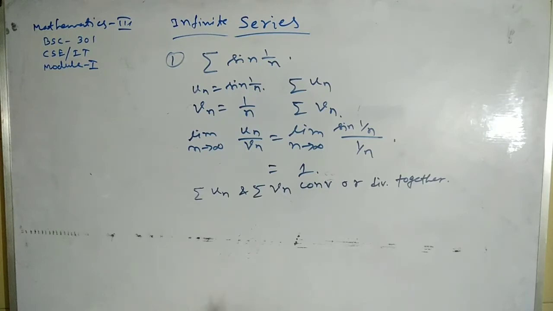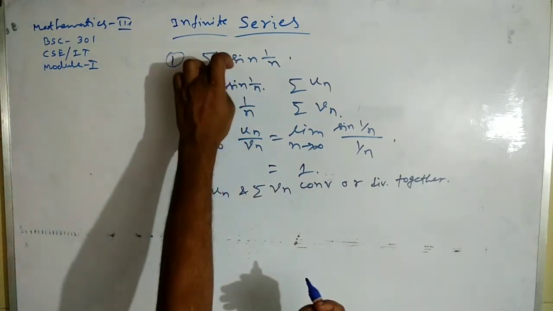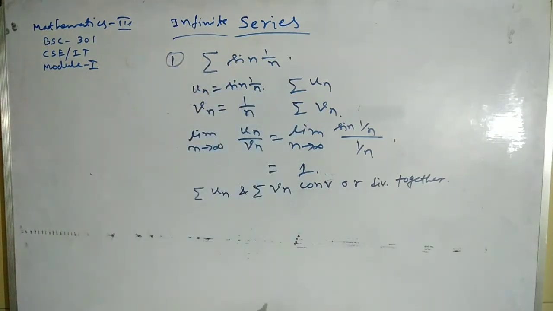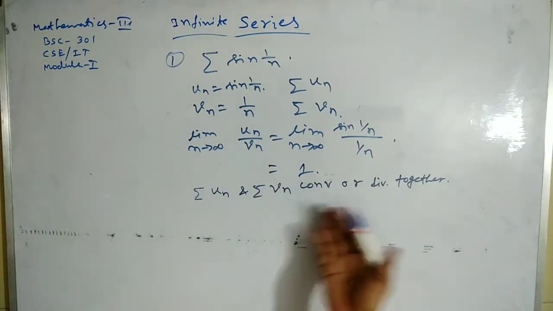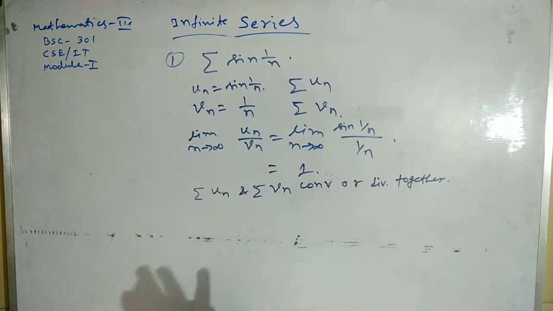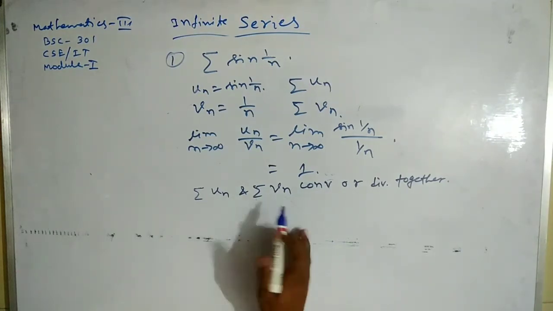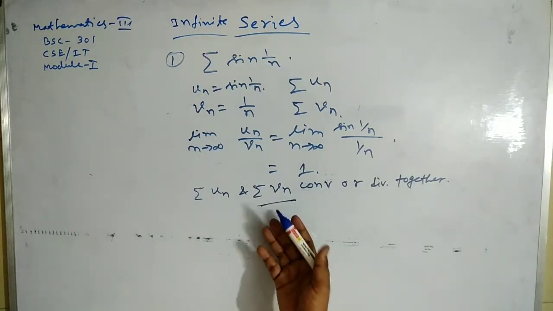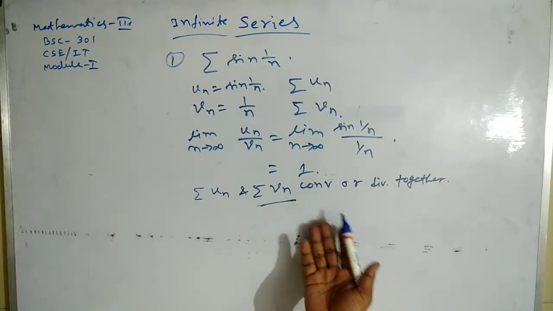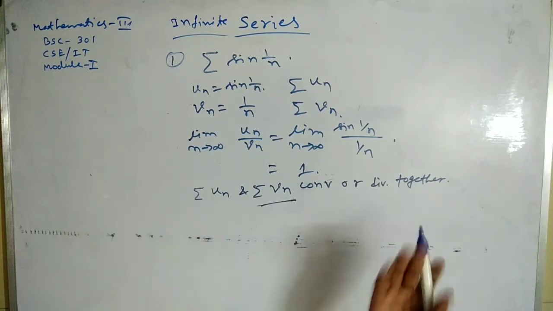Now we have to check the convergence of summation of un. Since we got this conclusion, if we can determine that summation of vn is convergent or divergent, then we can say that summation of un will be convergent or divergent.